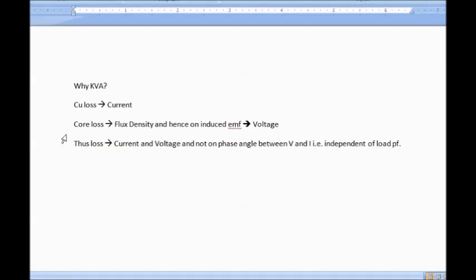See, if you recall the formula for eddy current loss and hysteresis loss, you would get that this eddy current loss depends on Bmax raised to power 2, and hysteresis loss depends on Bmax raised to power x, where x is between 1.5 to 2.5, and normally its value is considered to be 2.